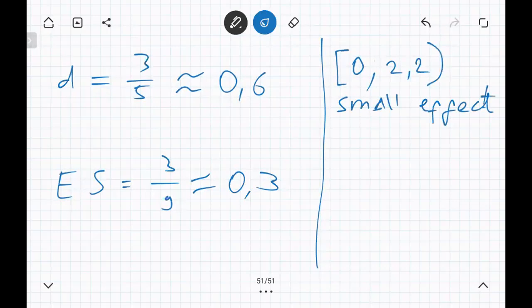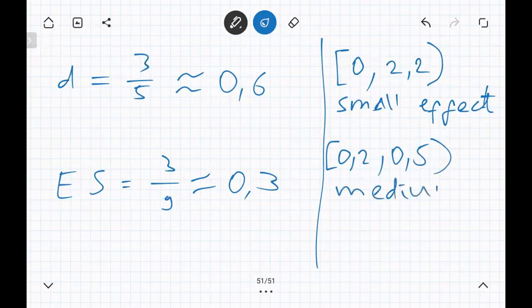If it's between 0.2 and 0.5, then it's a medium effect. And if it's more than 0.5, just more than 0.5, then it's a large effect.